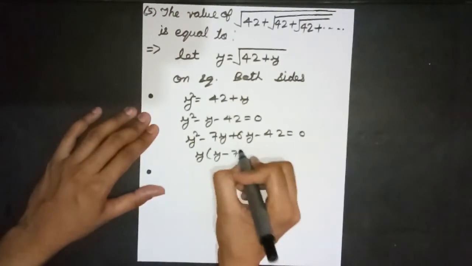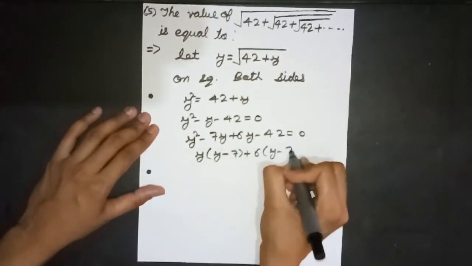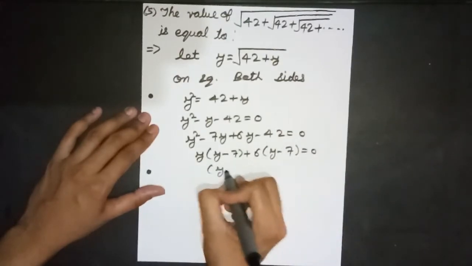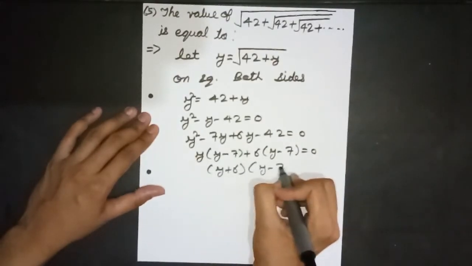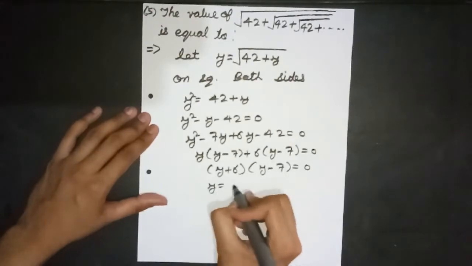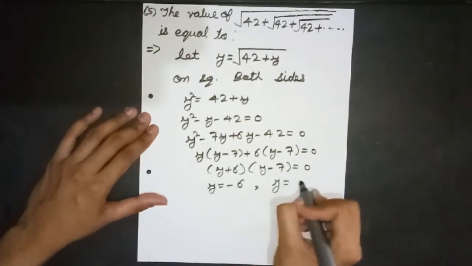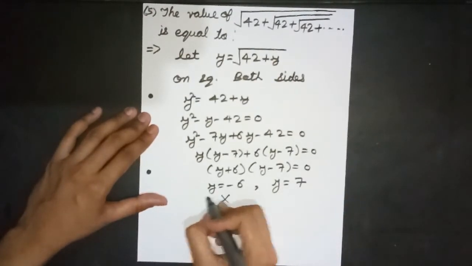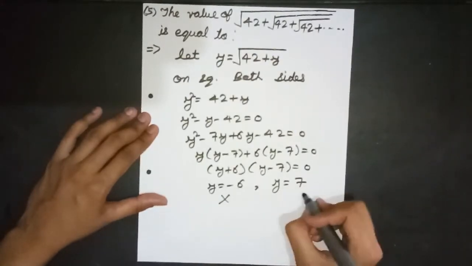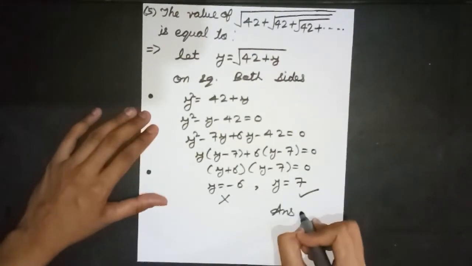Now y into y minus 7 plus 6 into y minus 7 is equal to 0. Now y plus 6 and y minus 7 is equal to 0. y is equal to minus 6 and y is equal to 7. Now y is equal to minus 6 does not satisfy, so y is equal to 7 is the answer.